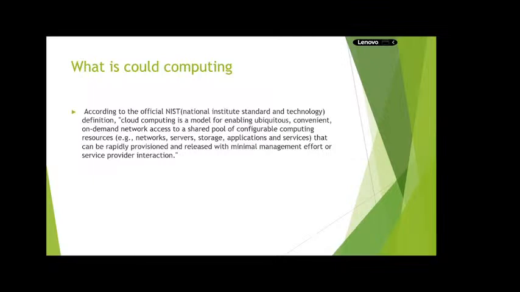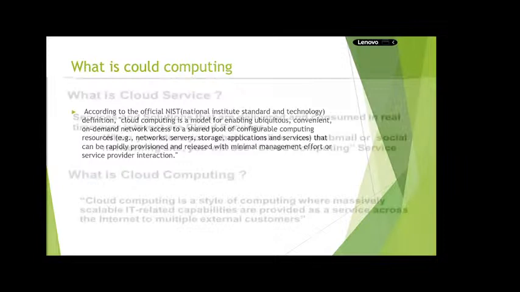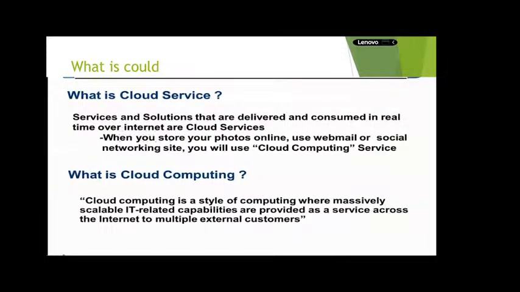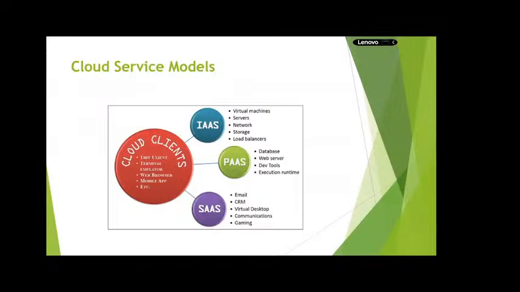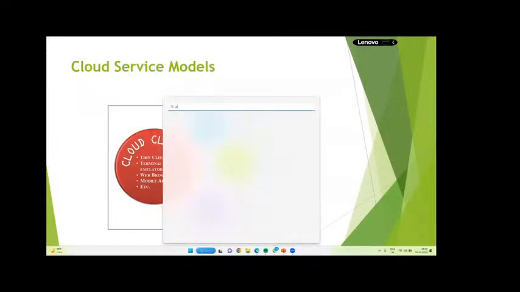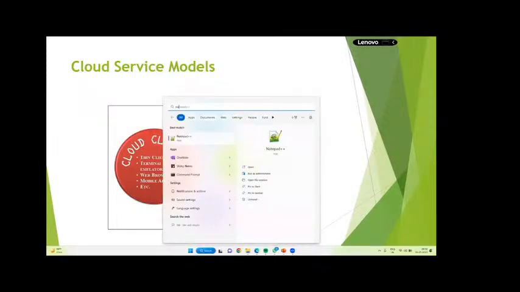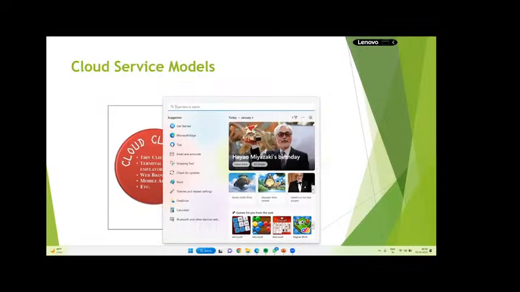Next, in cloud computing, there are three types of service models. What are they, guys? Any idea? Private cloud, public and hybrid cloud are deployment models.